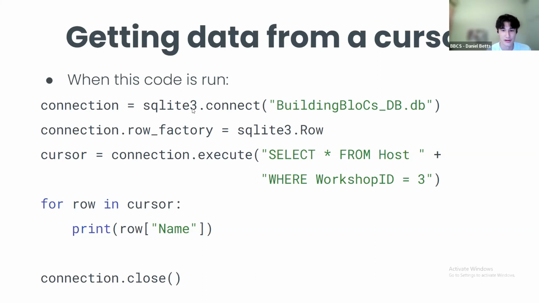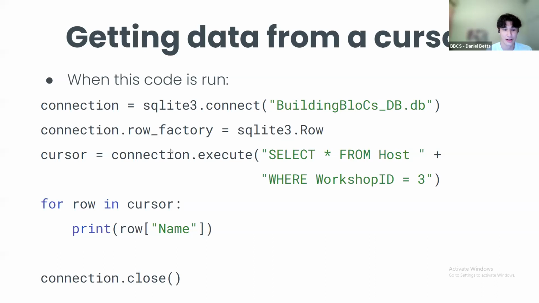Under the connection code, we use connection.row_factory equals sqlite3.Row. It's telling it to apply row factory to every row in the database, which basically turns it into a dictionary.